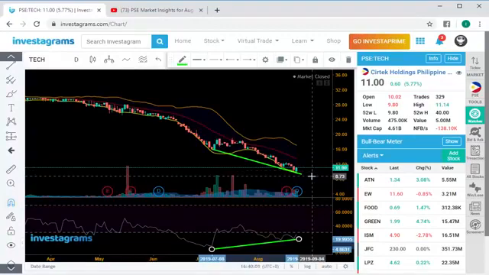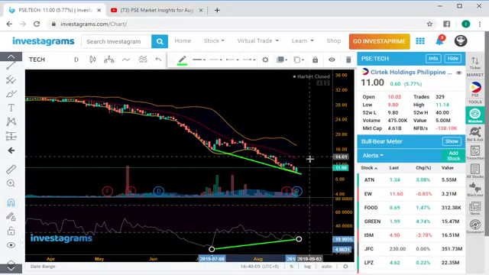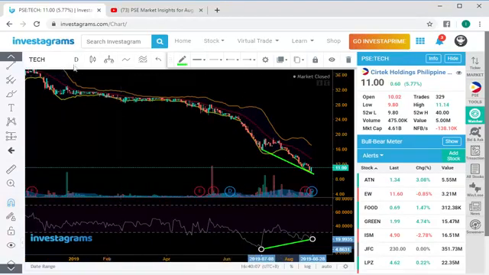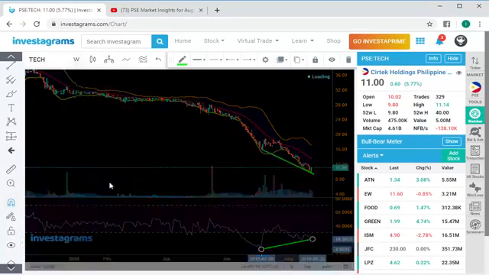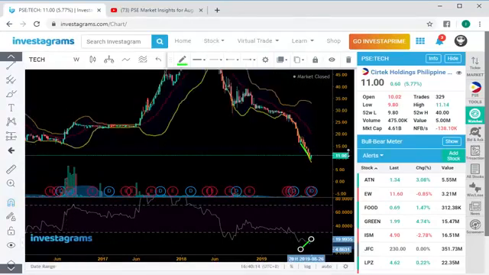So if you want, you can already test out this area, and you have to also remind yourself, if you want to get in the stock, you have to identify your profile. Are you a trader or are you an investor?